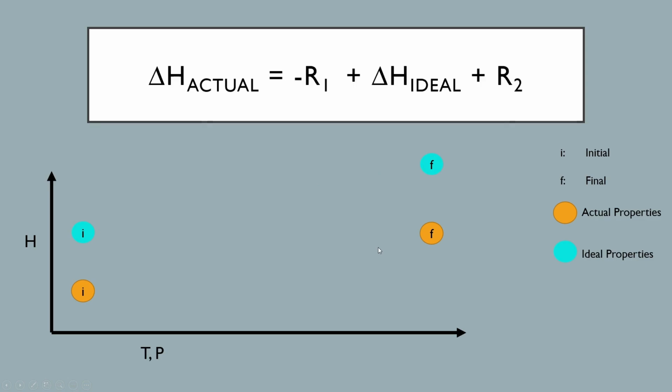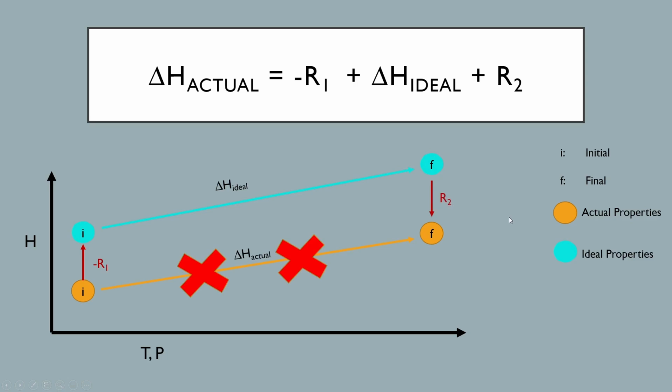So again, we want to calculate the H actual, but we can't do that using a single equation. But what we can do is calculate the residual property at the initial point, then calculate the ideal change in entropy and enthalpy, and then calculate the residual at the final point. So it looks something like this.